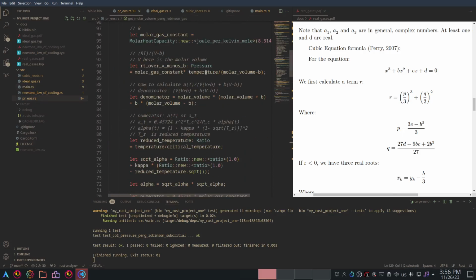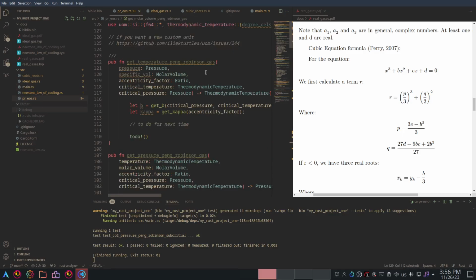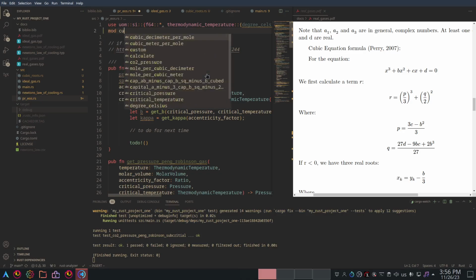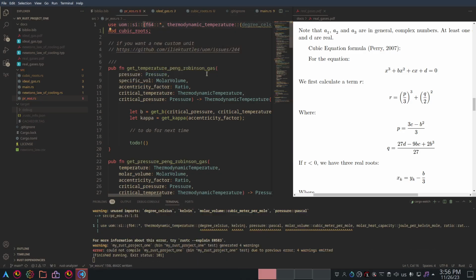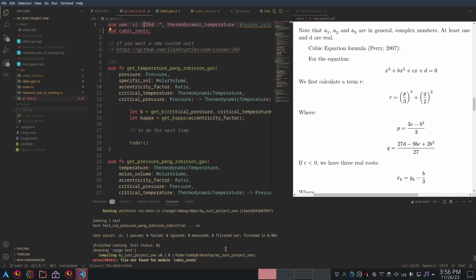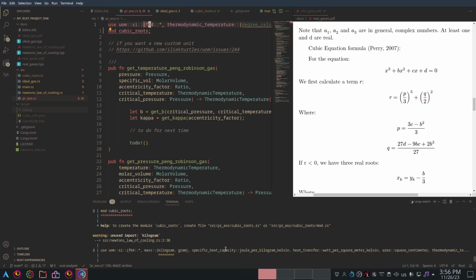Okay, I'm going to do a mod cubic_roots. I'm going to run into problems. Let me see. Create module at Peng Robinson EOS cubic_roots.rs.